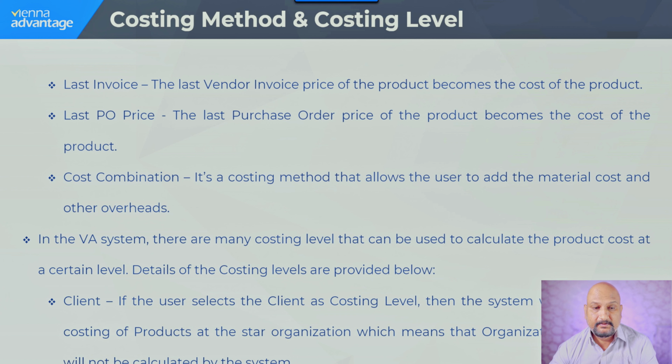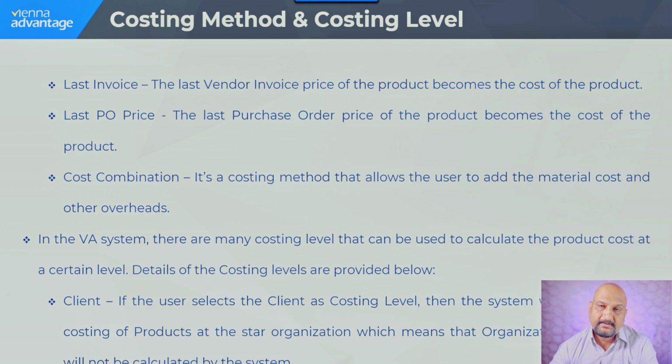Now, the cost combination is one of the interesting costing methods. The reason is, if you are not a manufacturing industry and you want to consider the indirect cost, how would you be able to consider it, since all the costing methods contain the material cost only?